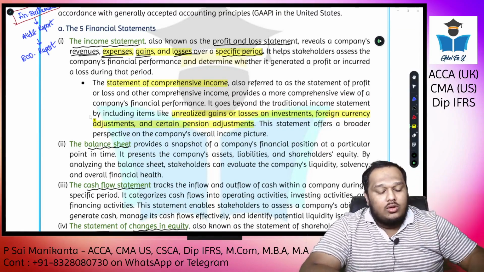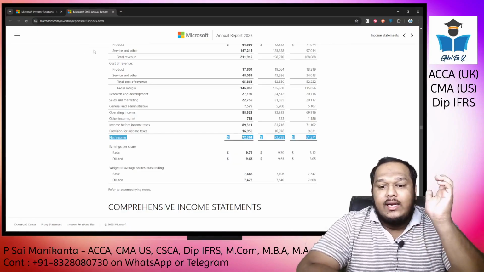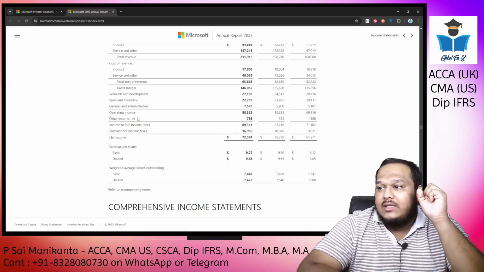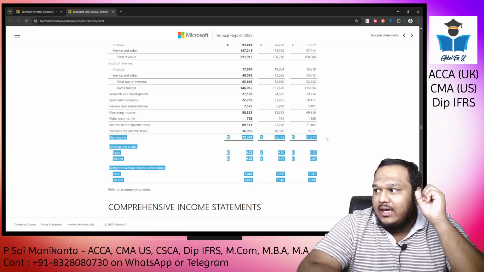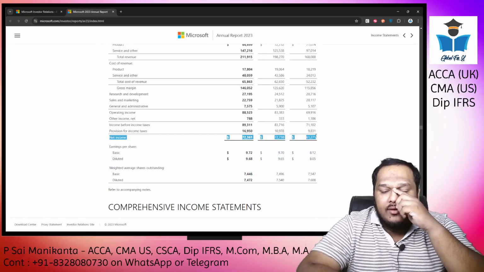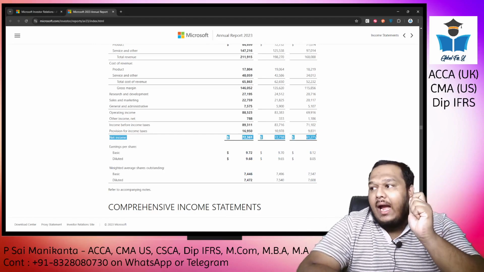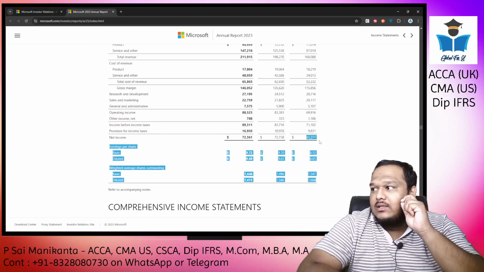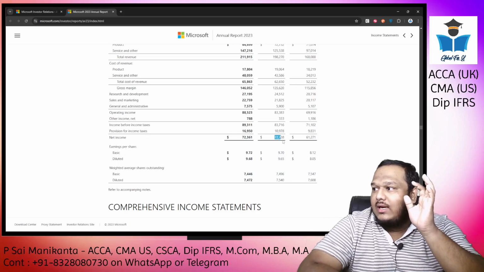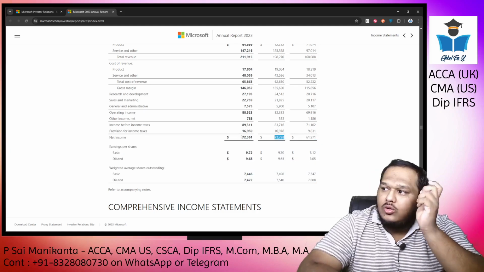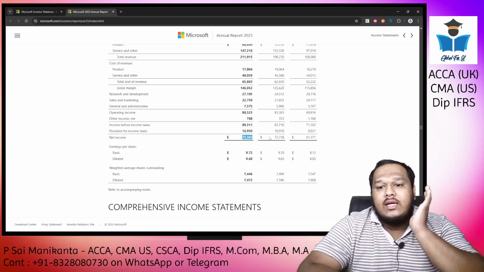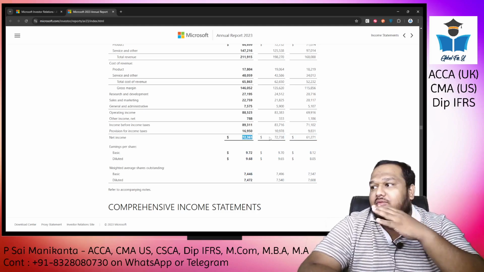Okay, so when a user is looking at the financial statements, he will look at this word net income. Okay, he will look at the word net income, and then they'll see that, okay, before last year it was 61, last year it was 72, current year also it is 72. So the company did not increase any profit in the last 1 year. The profits were same.